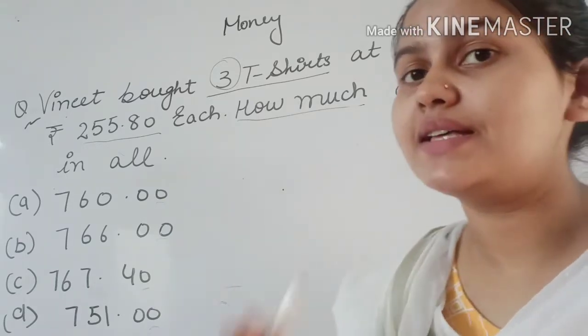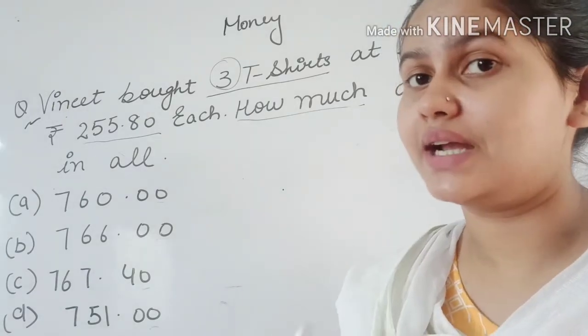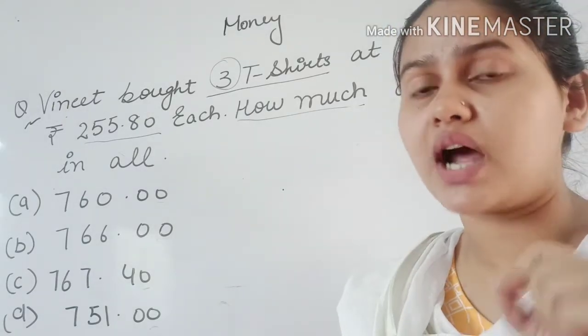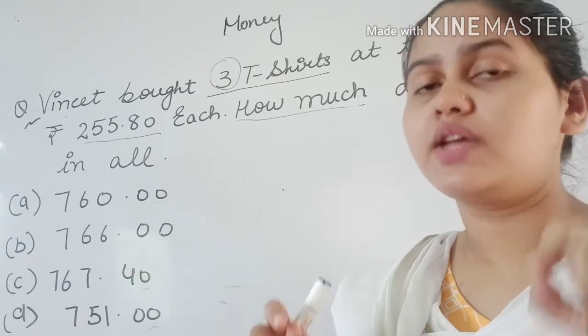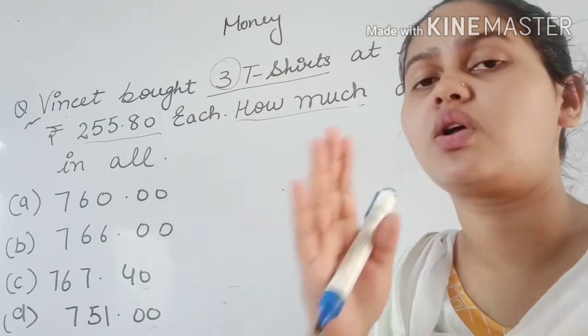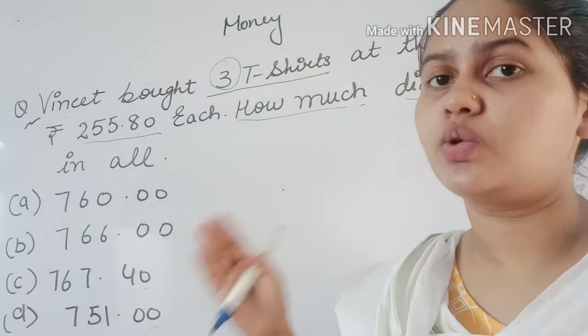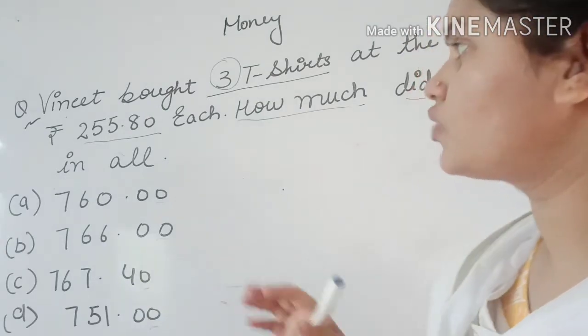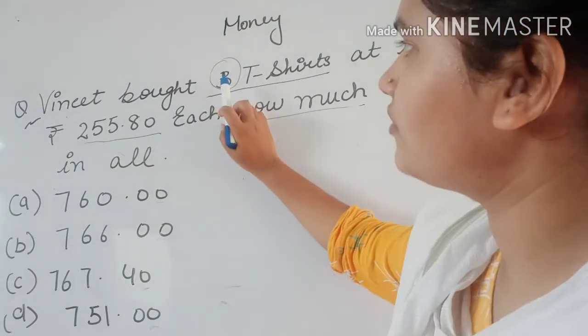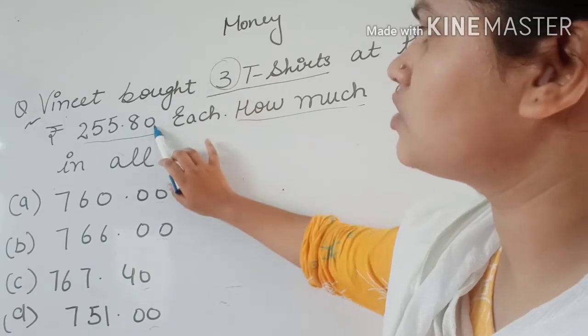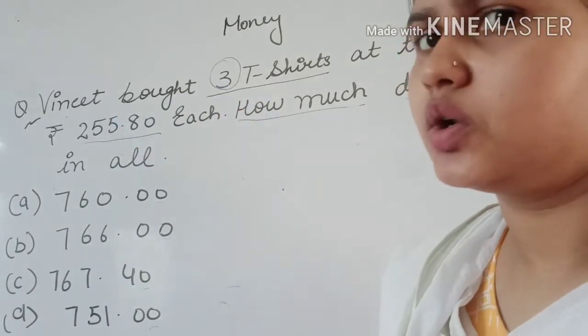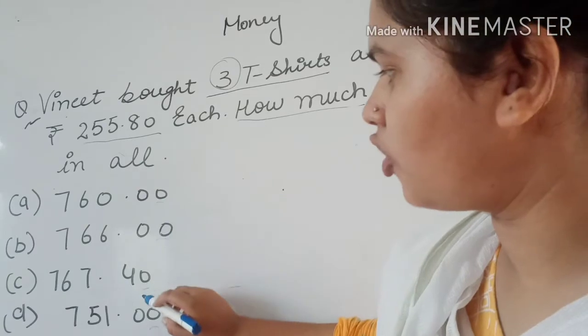Always start from our right side. Always remember this: whenever you start your division, subtraction, addition or multiplication, you have to start from your right side. So this is your right side. Now we have done this. 3 times 0 is 0. 3 8s are 24.